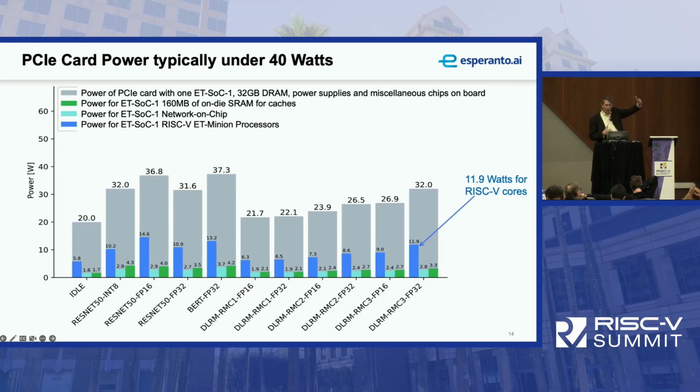But the board as a whole will take 32 watts. And we have broken out also the bigger two other uses of power: the SRAM on the chip, because you're always beating on that SRAM. You're calculating results, but you have to fetch them from the SRAM and store them back into the SRAM every cycle. And then also the network on chip to have things communicate.